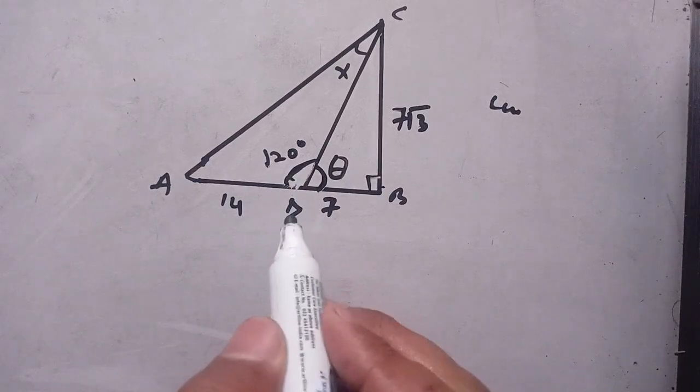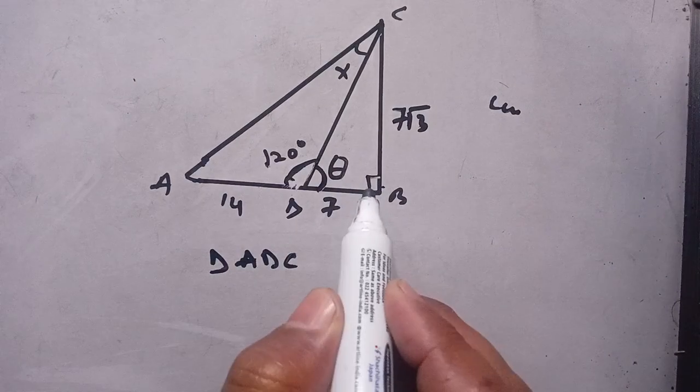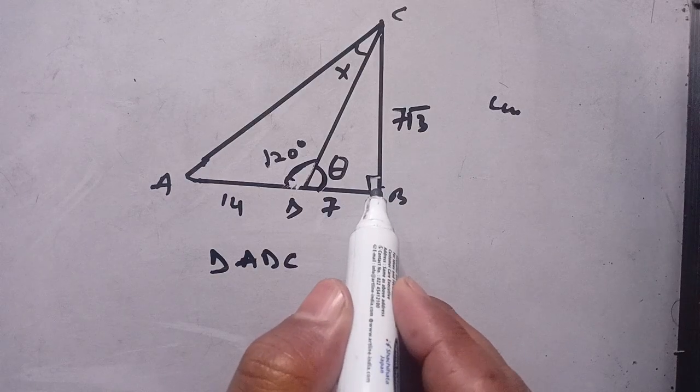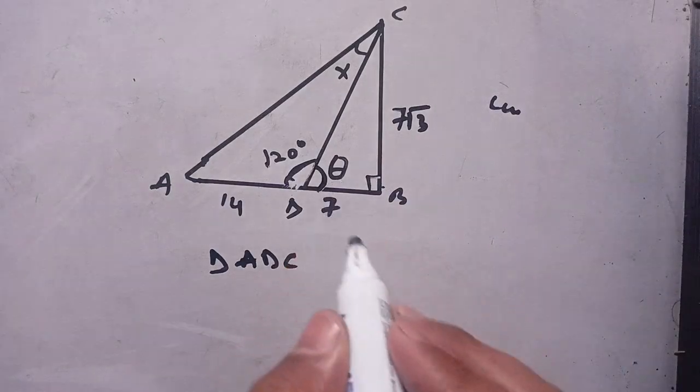Now, we move to triangle ADC, and angle B is 90 degrees. It is a right triangle. Now we use the Pythagoras theorem.